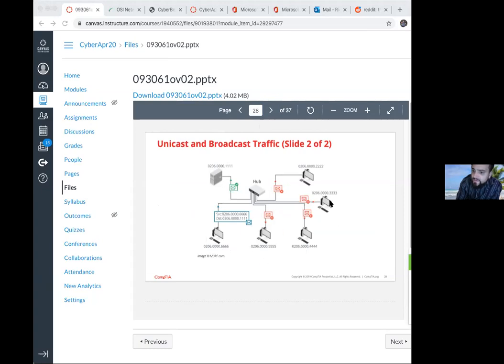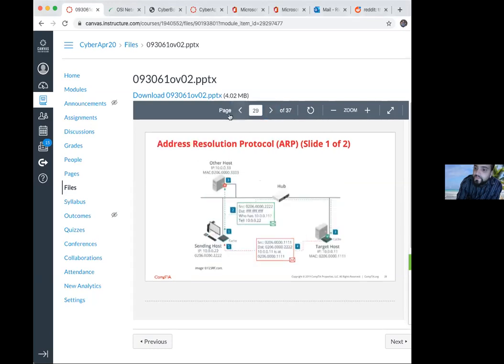Everybody's going to receive it because this is a hub, and a hub sends the same thing to everybody. However, since it's not addressed to them, they drop it. They don't care, and only this one will keep it. And that would have been unicast.